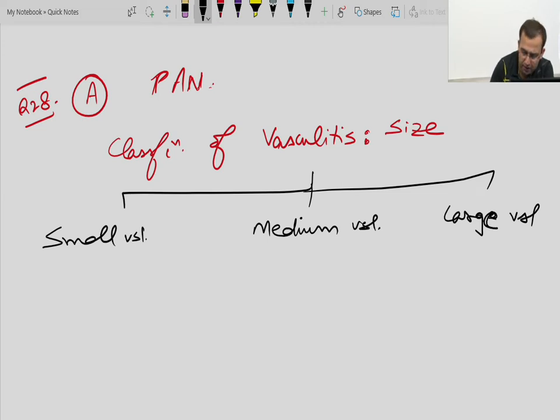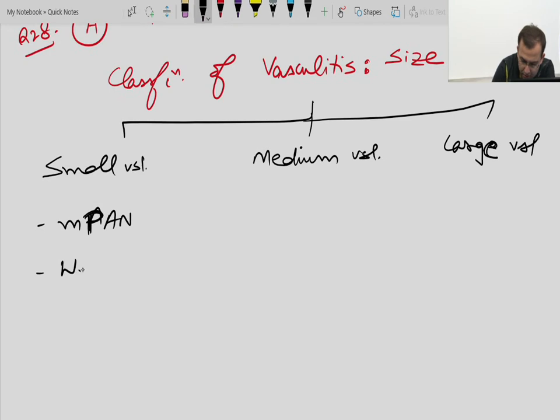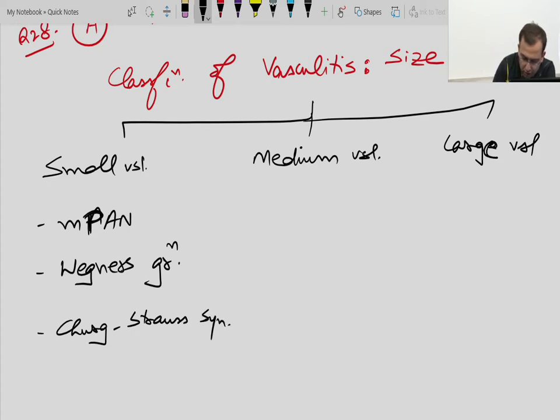The small vessel vasculitides are microscopic PAN, Wegener's granulomatosis, Churg-Strauss syndrome, and HSP, which stands for Henoch-Schönlein purpura.